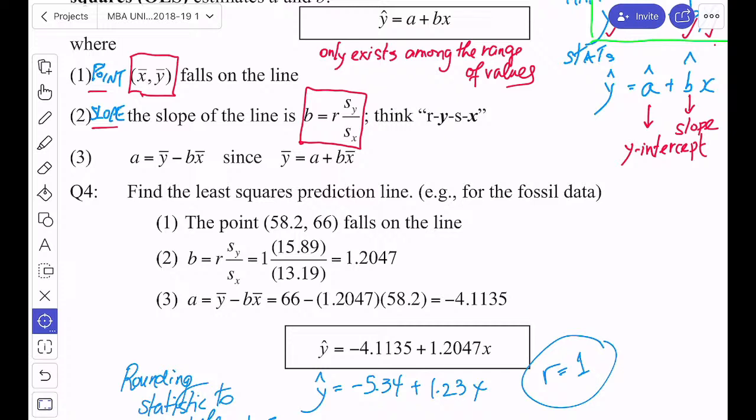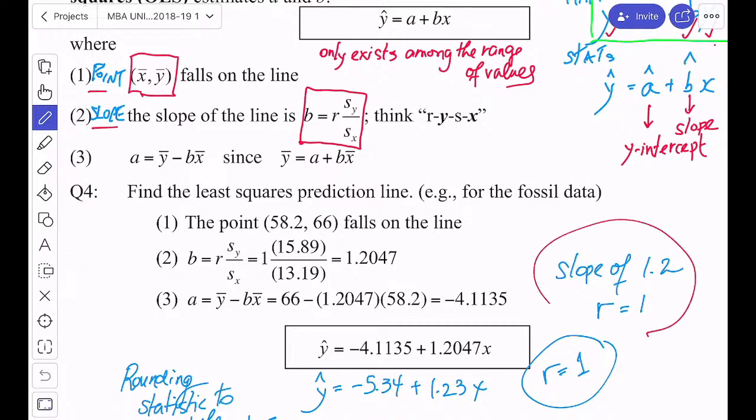So what do we see? We see a slope of about 1.2. And R equals 1. What it means is that it's a very reliable relationship of 1.2 between the arm and leg bones. Let me step back a second. What's the slope again? Slope is equal to change in y over change in x.